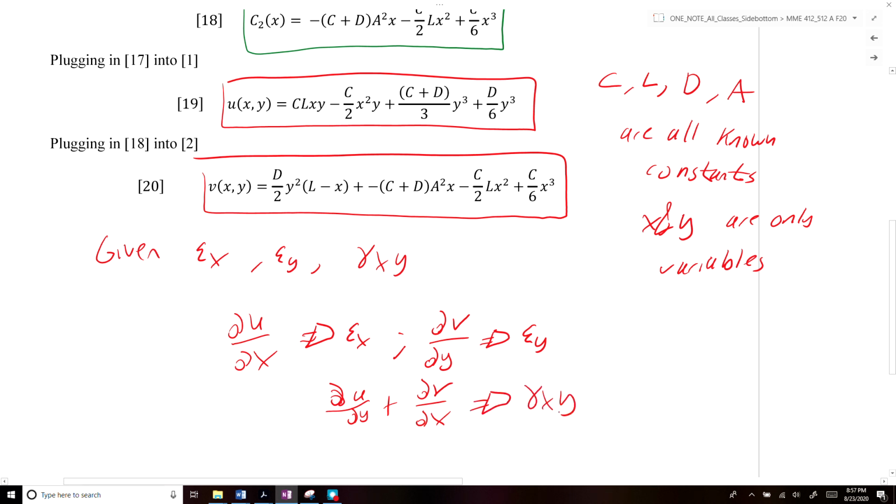All right. So if your final solution, if you retake the derivatives and you get the initial conditions, then you know that your problem is solved. An additional thing you can do is you can plug in your boundary conditions to make sure they're true.